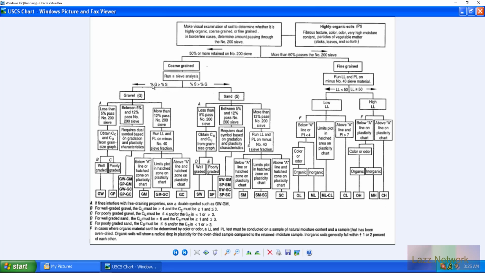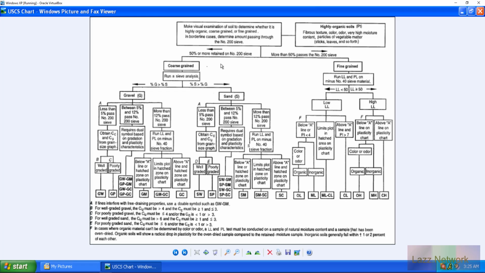And if you have more gravel than sand, which usually means if you have 50% or greater, then you can call it gravel. But might I regress, about 90% of the time, if you're testing anything that is considered gravel, you're usually doing a full sieve analysis anyway.